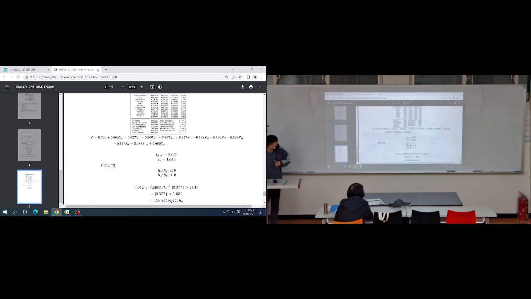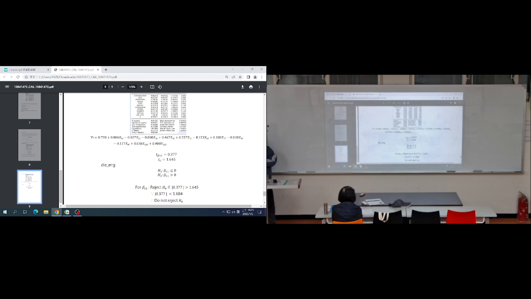I add a variable. This one is DIE times n hours. How to call this kind of variable? This is slope dummy. Slope dummy variable. Okay.